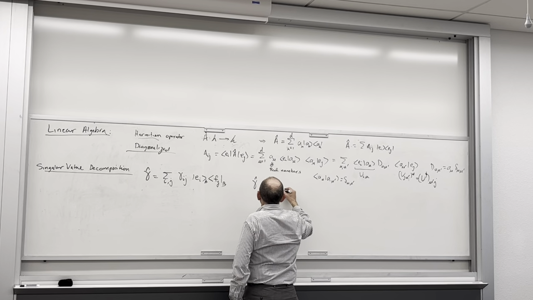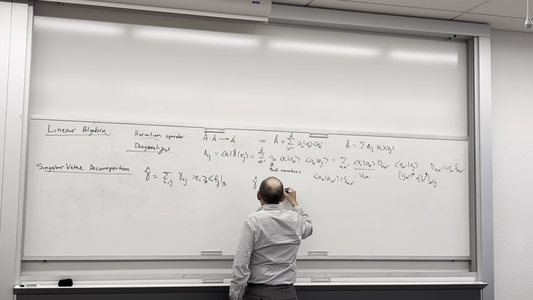Similarly, if I act with the adjoint on U, I get lambda_mu V_mu on B. You with me? And these guys are bi-orthogonal. That's to say, the u's are orthogonal to themselves, and the V's are orthogonal to themselves.